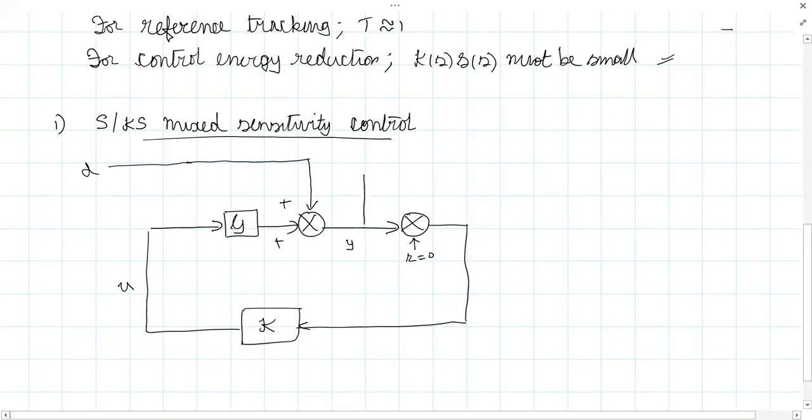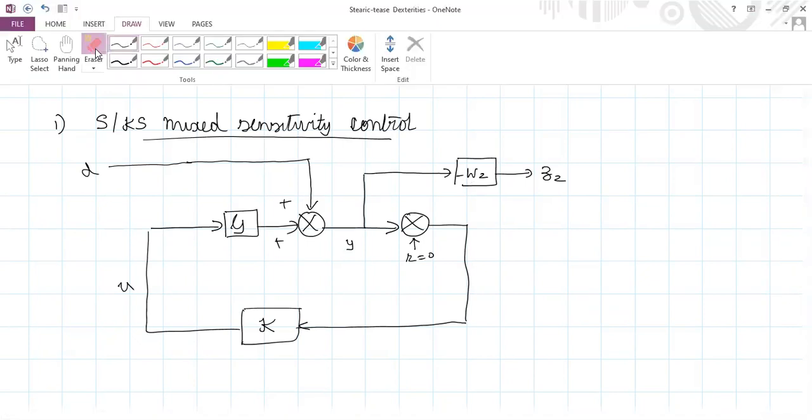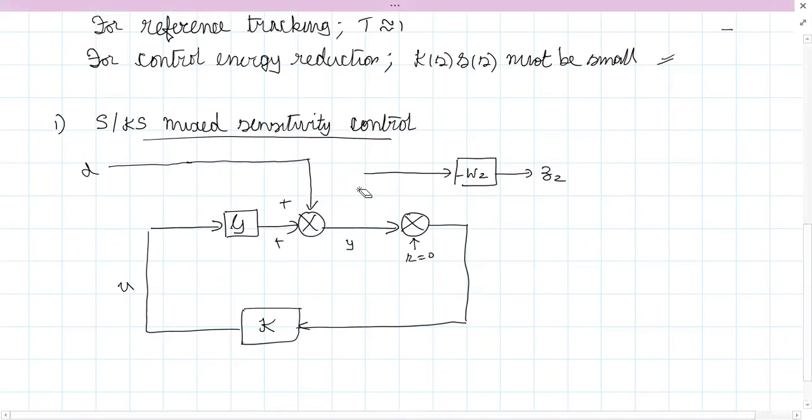So we will take one path from here. I will explain this thing. Let me complete this. This is Z2, then minus W2. Just from here.